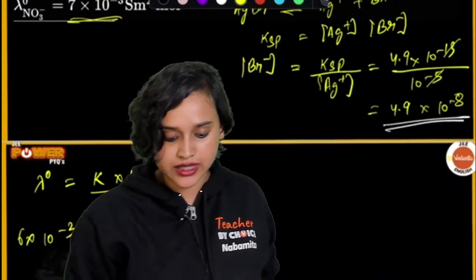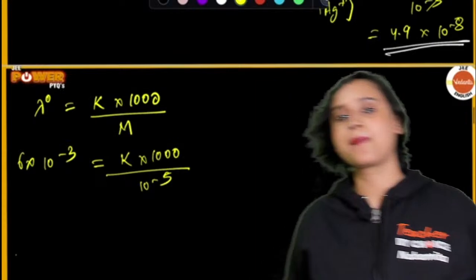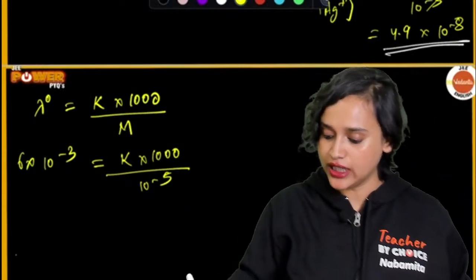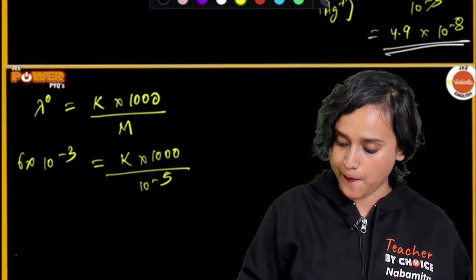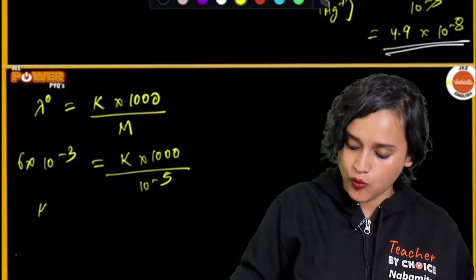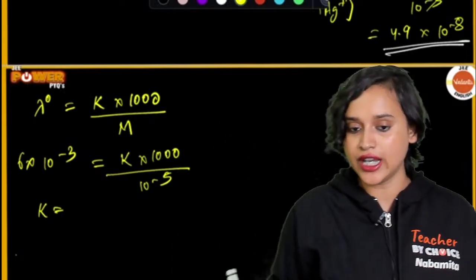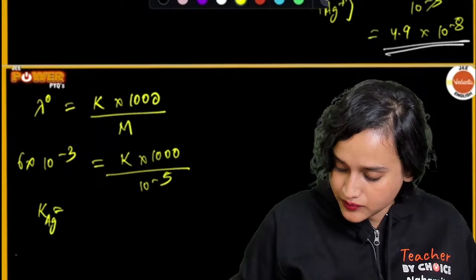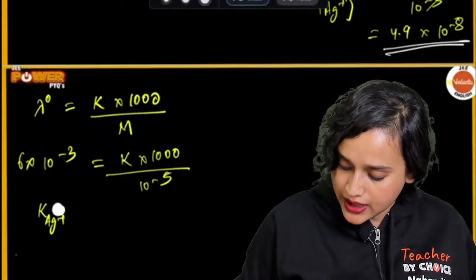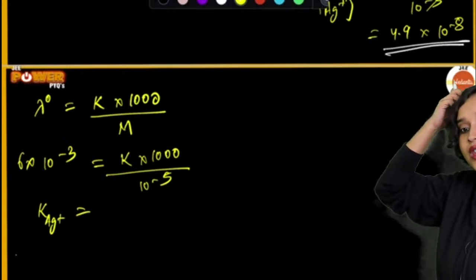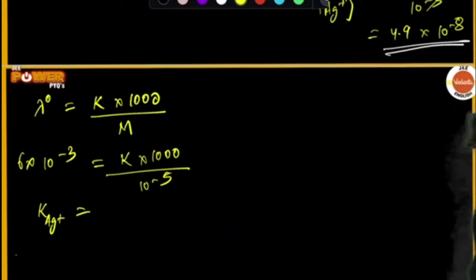Now calculate this. What is the K value for Ag plus? Please check and tell me. Guys, come on, quickly.